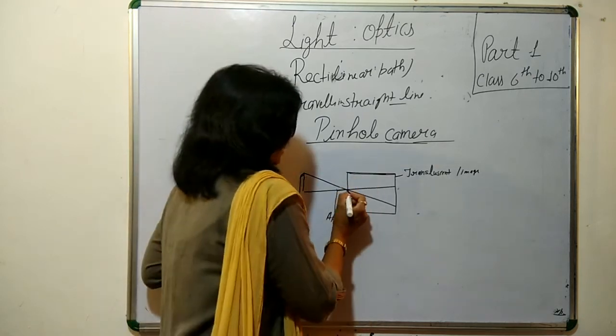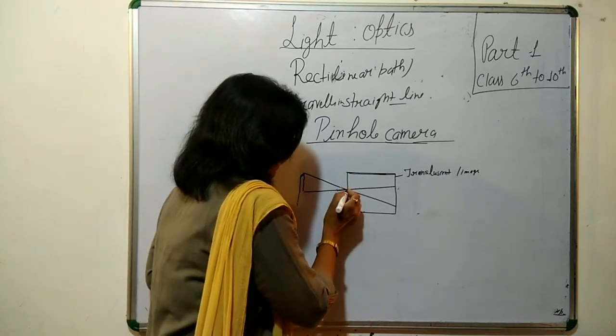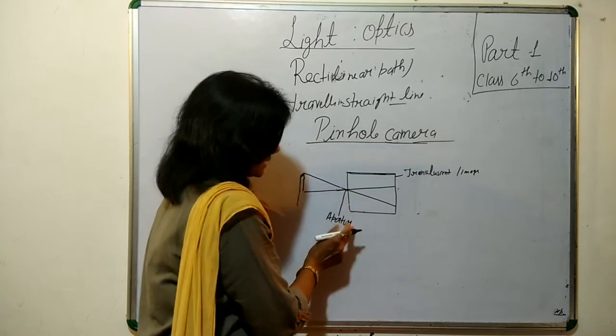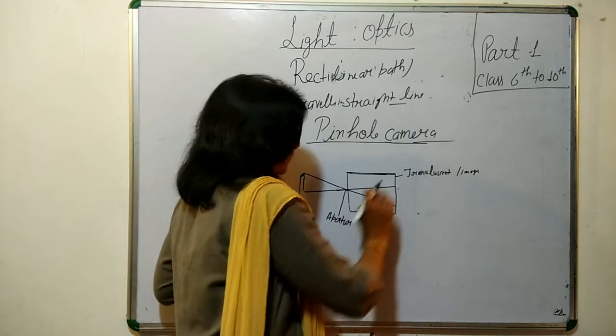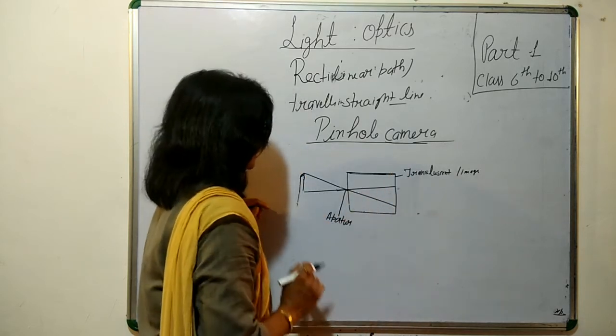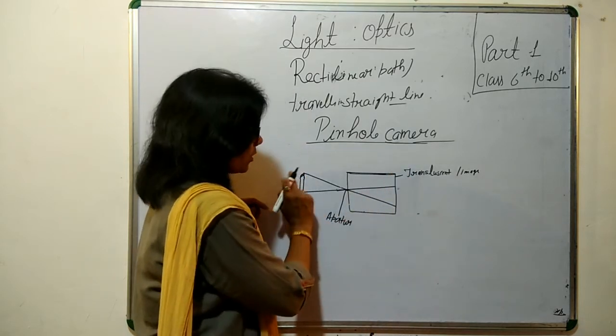Now let's see what is actually occurring here. This is your aperture, that is a pinhole, and this is a translucent sheet where we are going to get the image. It is your object.